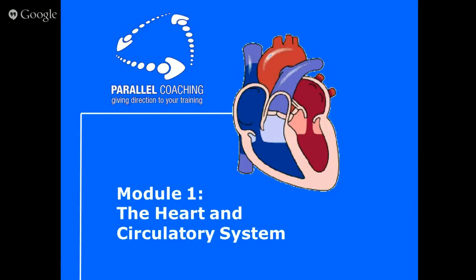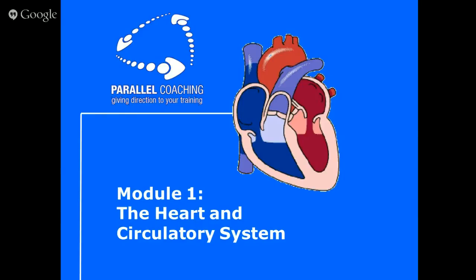We're going to kick off and start with module 1, and really this is the key part that so many people get stuck on, because we're talking about the heart and circulatory system. A lot of people find that this is the crux to their understanding of anatomy and physiology, because it is the driving force of our bodies.